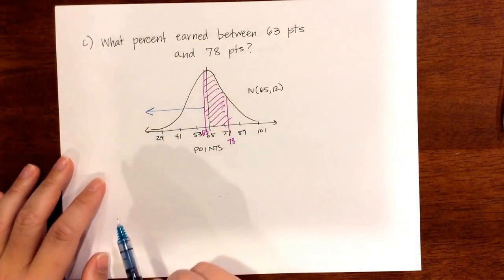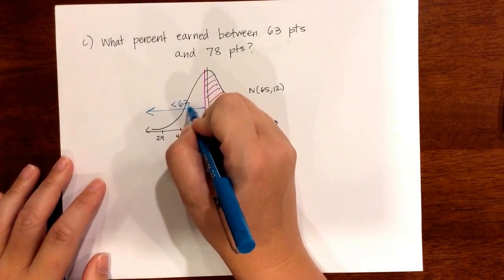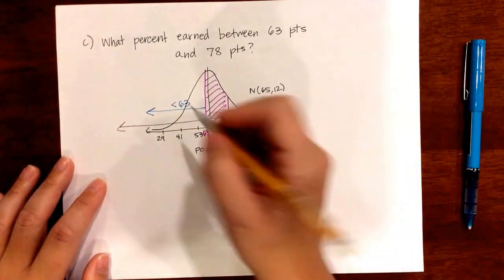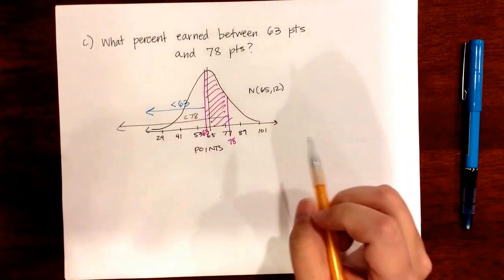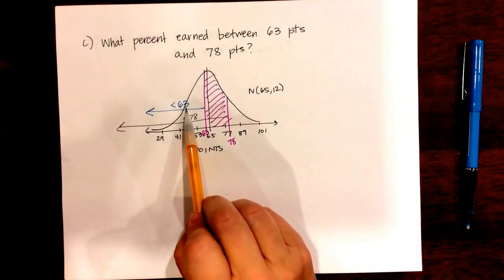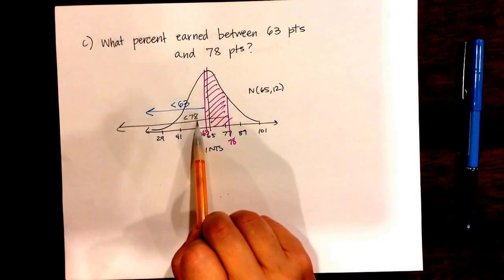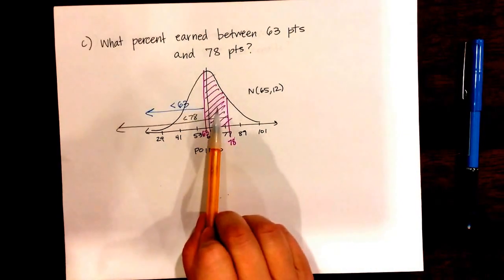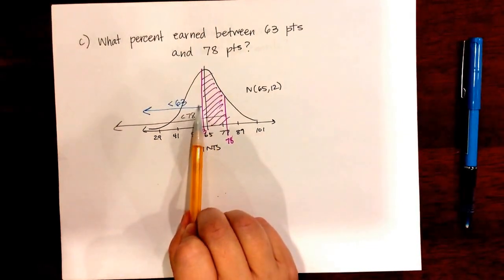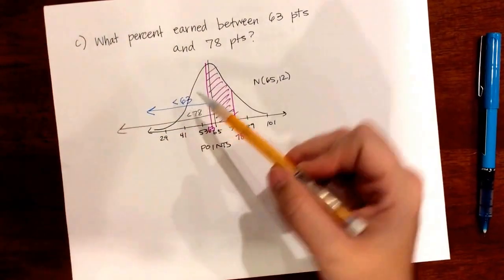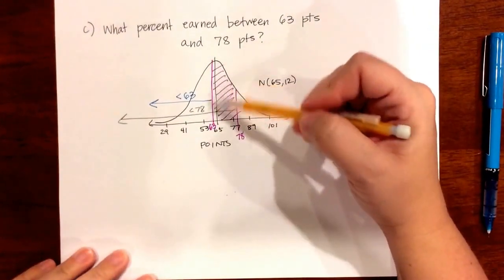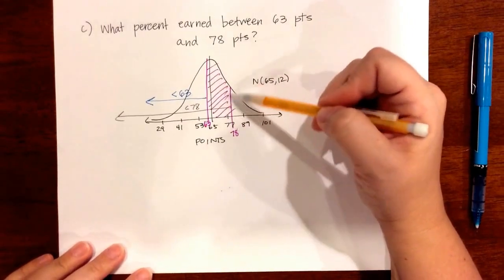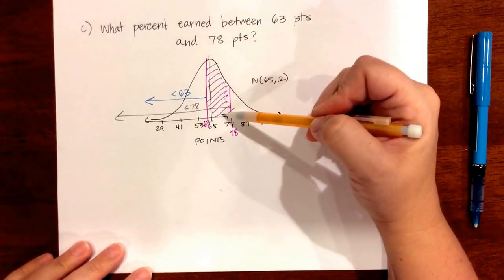So that first blue line is less than 63. This pencil line is less than 78. So if I can find the area less than 63, and I can find the area less than 78, imagine I had shaded this in. If I subtract this 63 area from the 78, I'm going to be left with this purple region.